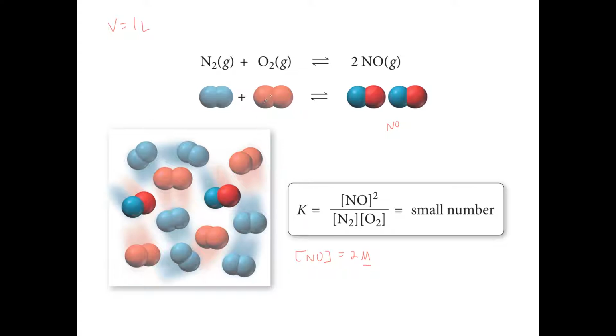All right, what's the concentration of O2? Looks like there's 1, 2, 3, 4. 4 molar, and the concentration of N2 is 1, 2, 3, 4, 5, 6. 6 molar.